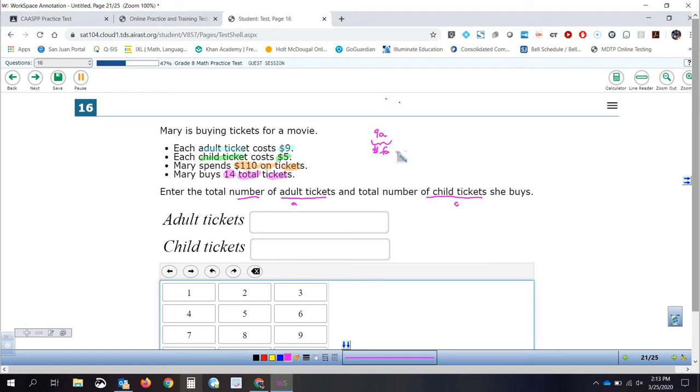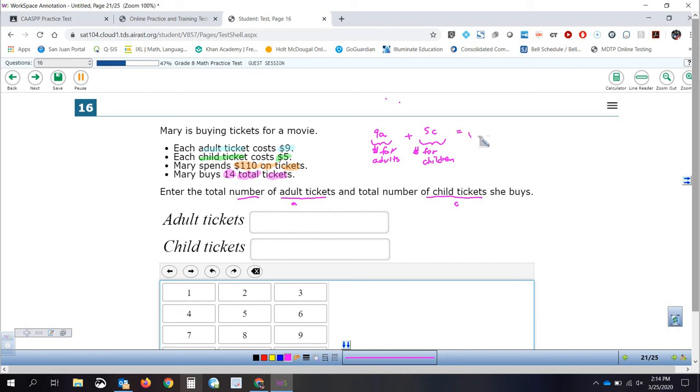Dollars for adults. Well, what is the dollar amount or the total amount for the children going to be? Well, it's not $9 for them. It's only $5. And it's not 5A, it's 5C because C is the number of children tickets she buys.